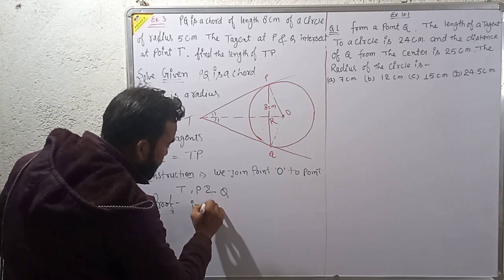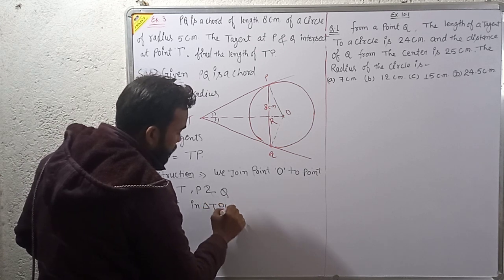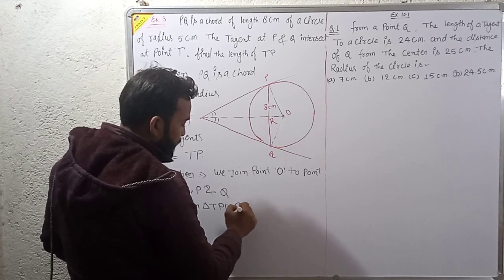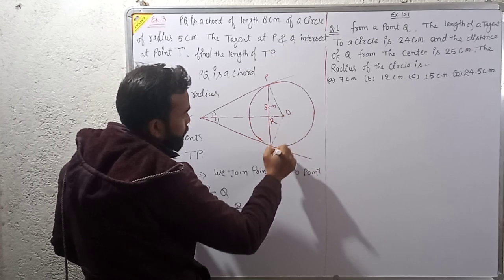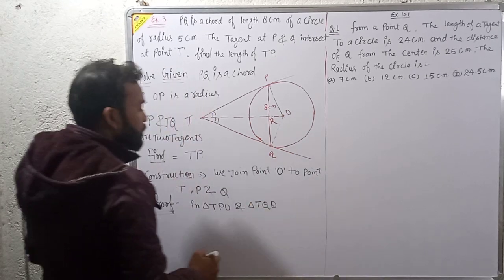Now, in triangle TPO and triangle TQO. Clear?